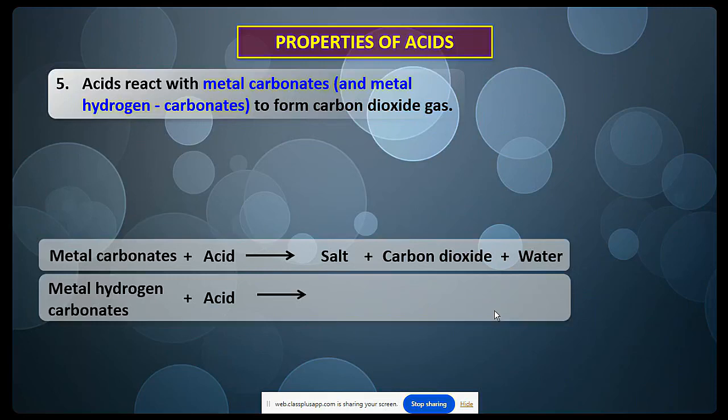What are the products? Salt plus carbon dioxide plus water. So no matter what is reacting with acid here, either metal carbonate or metal hydrogen carbonate, the products are the same here. Salt plus carbon dioxide plus water. With salt we'll get the same metallic salt.